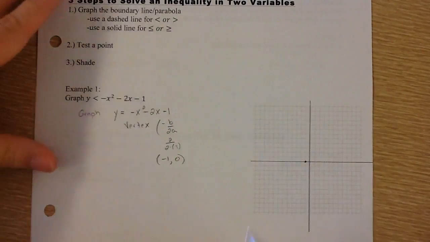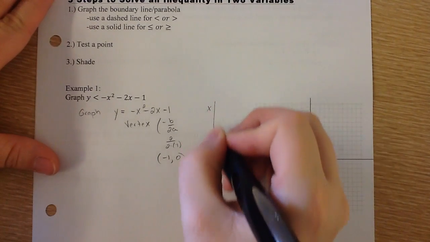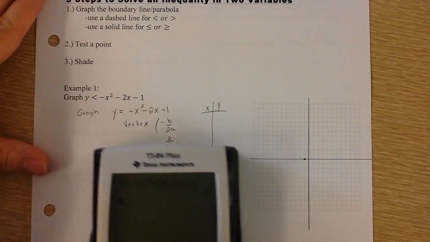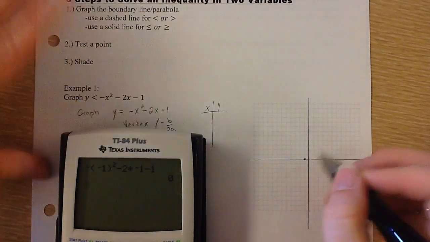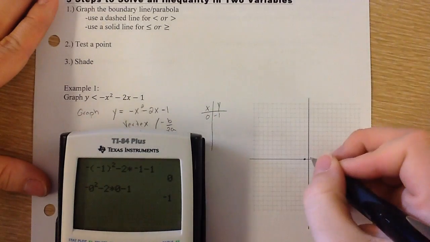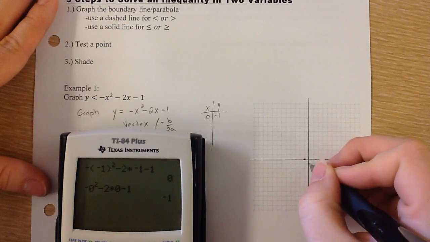Okay, and let's get a couple other points on either side to see what this is going to look like. So let's do x and y. I'm just going to plug in a few other points. When I plug in a 0, negative 0 squared minus 2 times 0 minus 1, it's negative 1. So you have the point 0, negative 1.